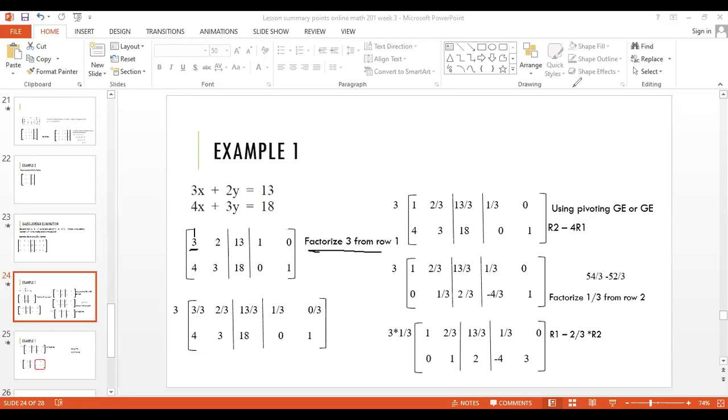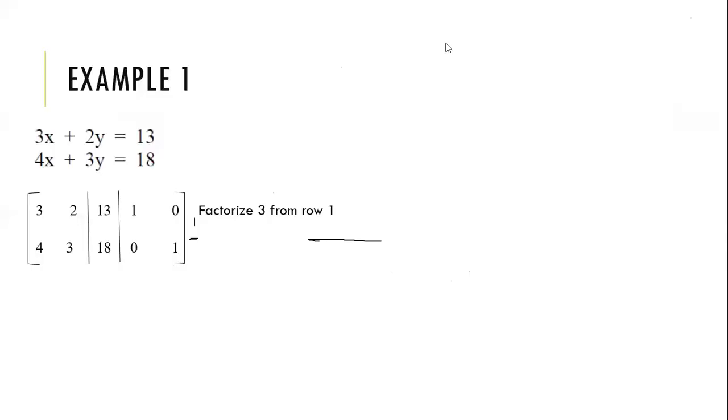I'm going to zoom in so that we can follow step by step. So the first step is to factorize 3 from the first row. And once we do that, we're going to have 3 outside the brackets. So this is what we're going to have as a result.